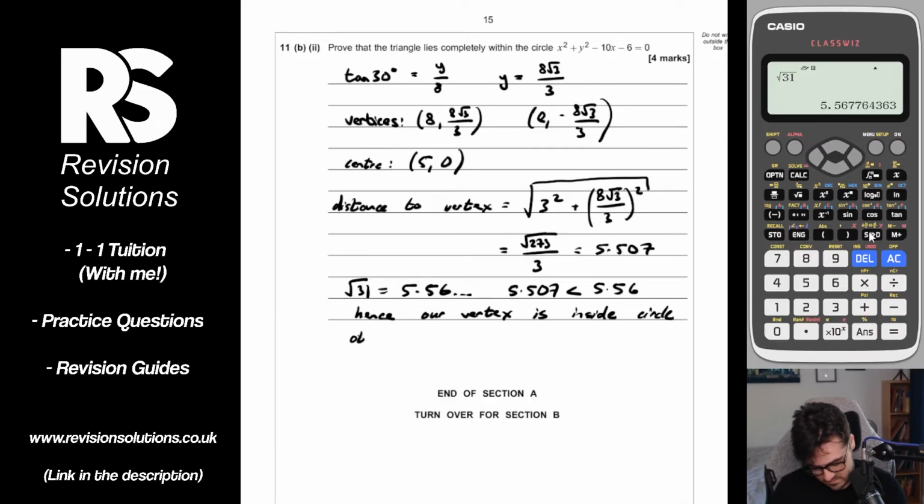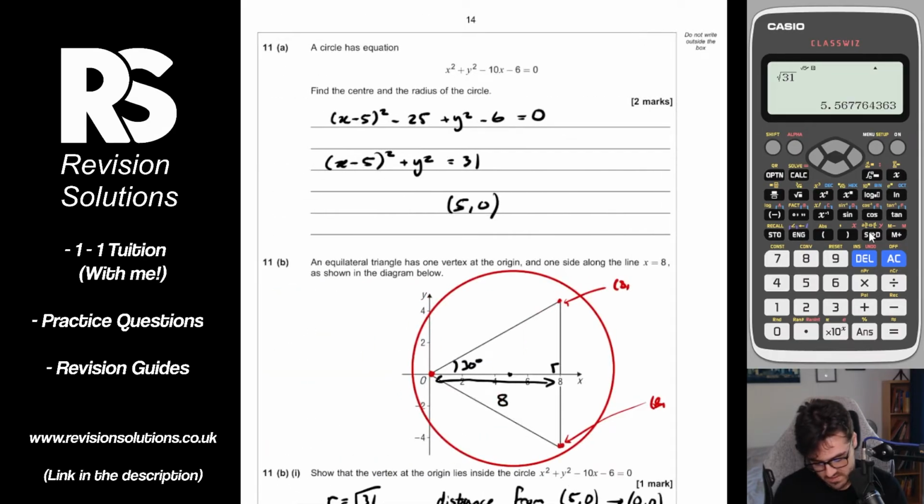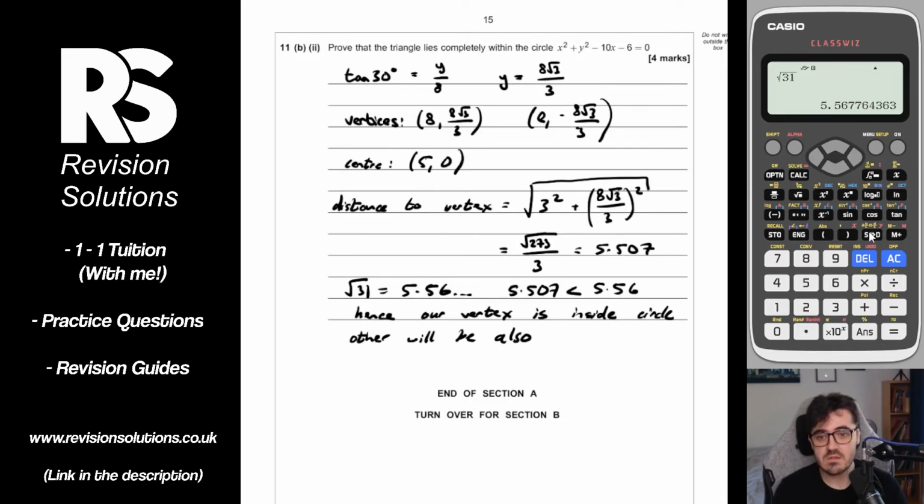And the other vertex will be also, because if we think about it, what actually changes? Well, it's just this minus sign, which is not going to be affected in here. So the symmetry of the fact that it's above going to below by the same distance means that it's also going to be inside the circle.